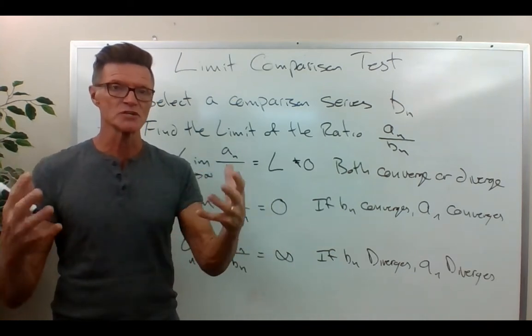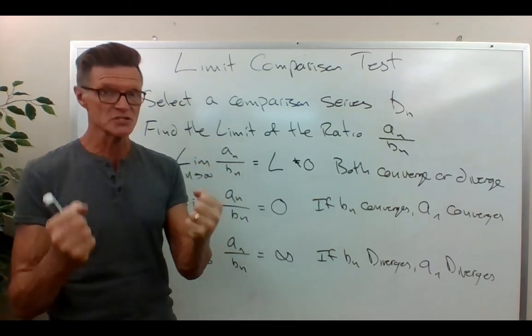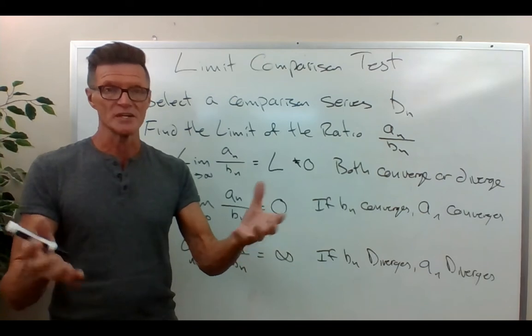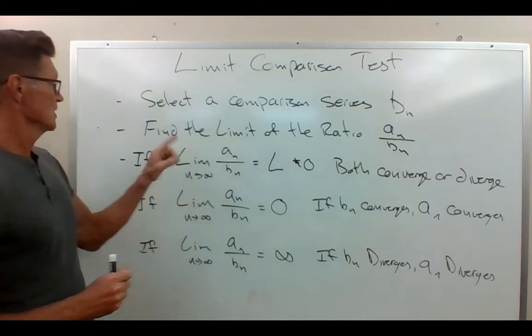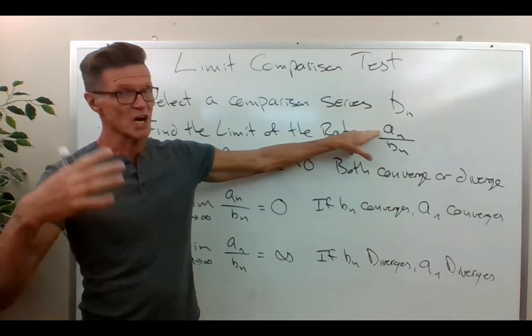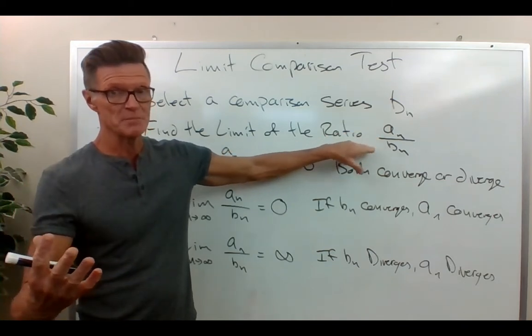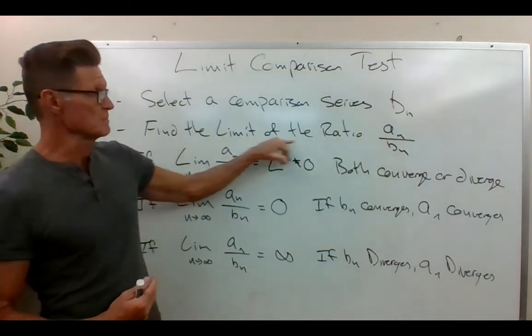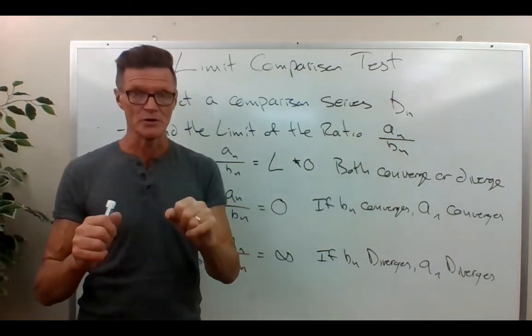So you need to select the comparison series, and it needs to be something whose convergence you know. Then we are going to take the ratio of A sub n, which is our given series, and B sub n, which is our comparison series.